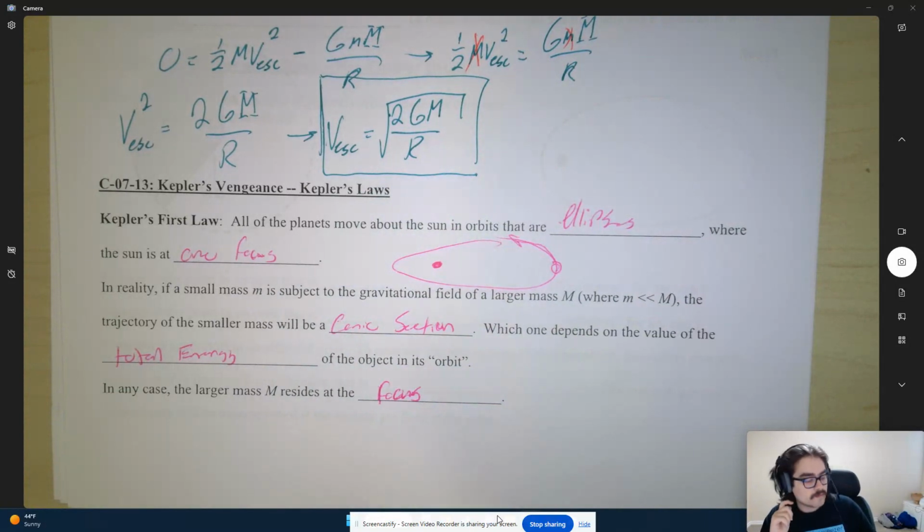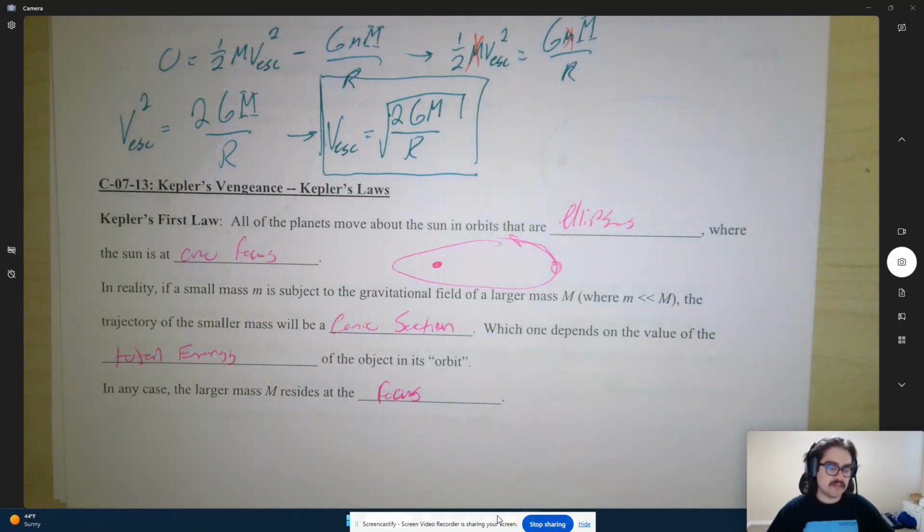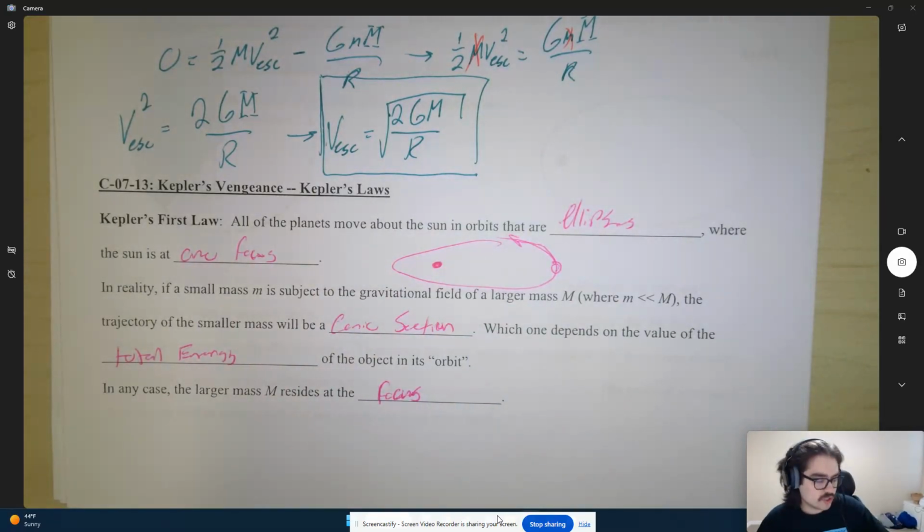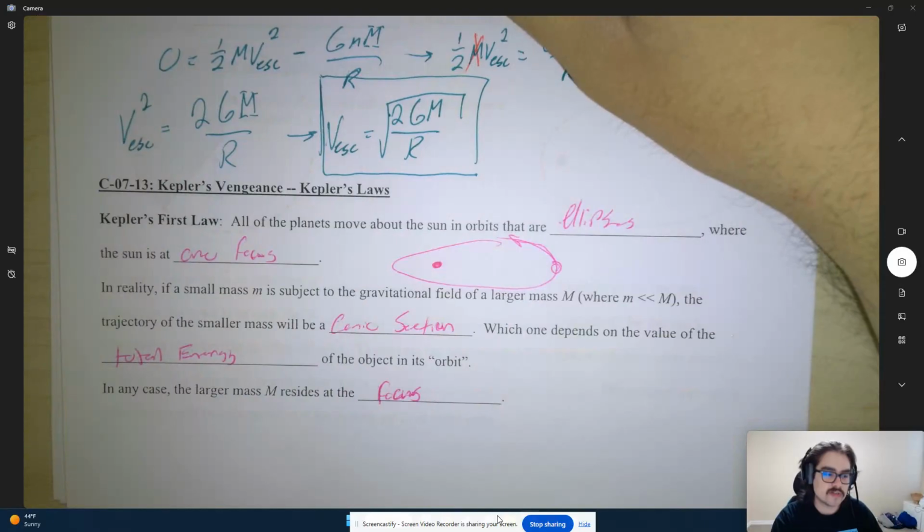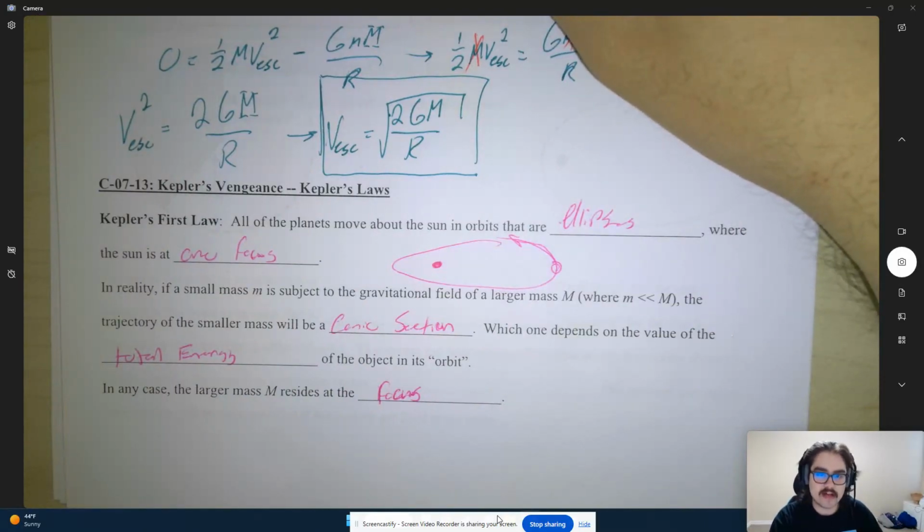Now, conic sections, I do not believe, are within the scope of Physics C anymore. You're not going to see any questions that pertain to the different conic sections because you don't learn conic sections in the math classes that lead up to Physics C or the ones that go with Physics C. I don't believe you do them in AP Calculus, and I don't think you do them in pre-calculus anymore.